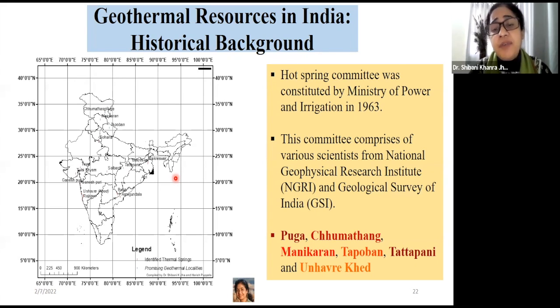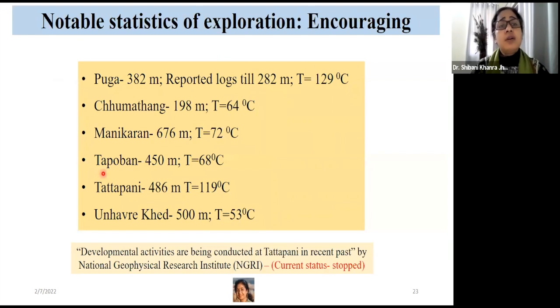From that, we have identified some of these promising geothermal fields, which are Puga, Chumatang, Manikaran, Tapovan, Tatapani, and Unhavre Khed, located in different parts of the country. From this historical study, some notable statistics of exploration can be identified in terms of the temperature obtained from these six fields that I have discussed.